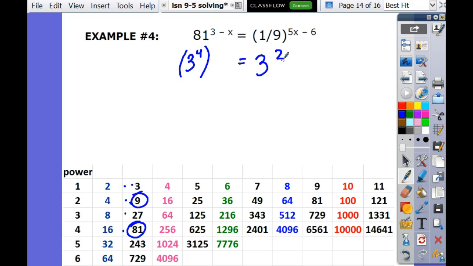It says 1 over 9. So to make it a 1 over 9, you make that into a negative 2 instead of a positive 2.